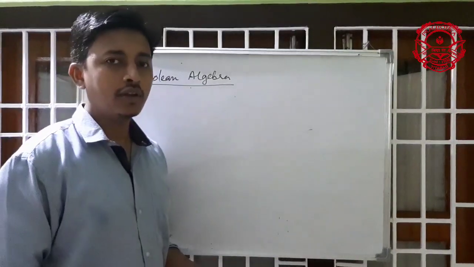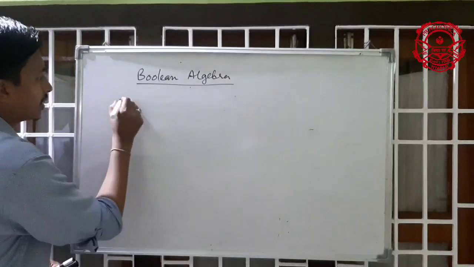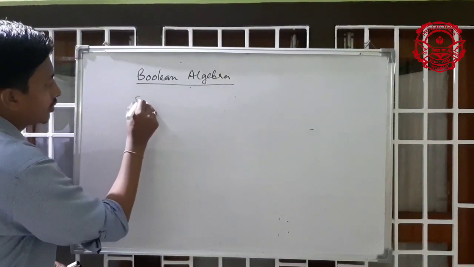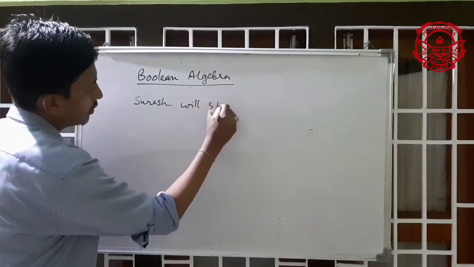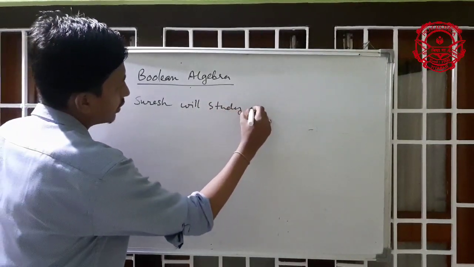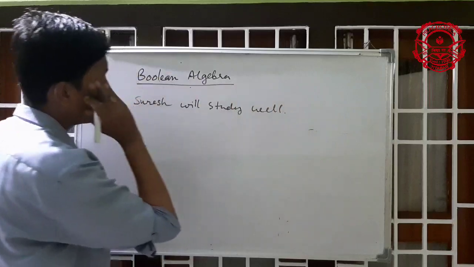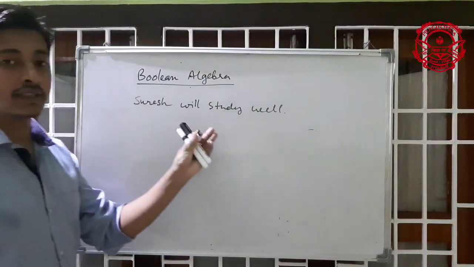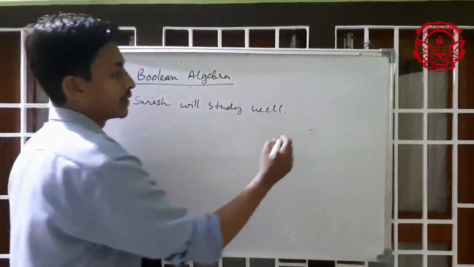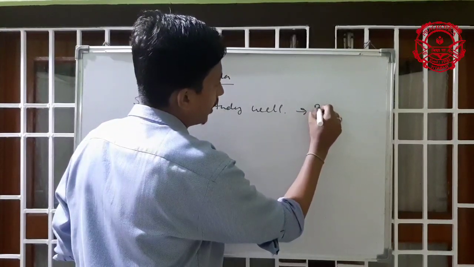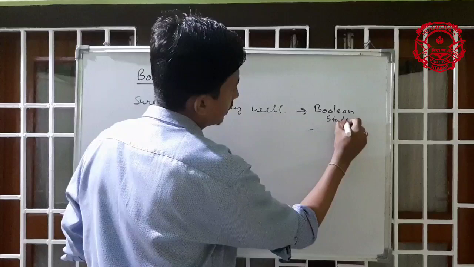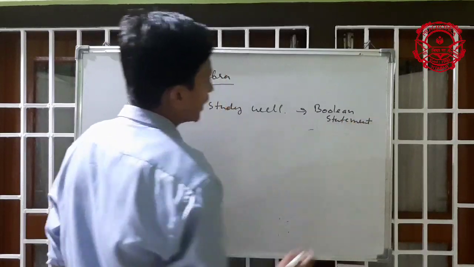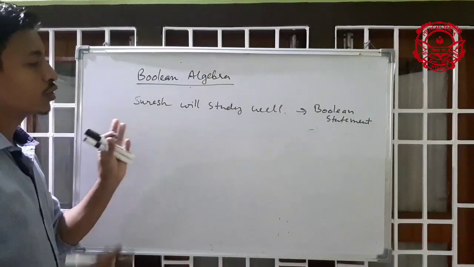Now, for example, number 1: Suresh will study well. This is a statement, a Boolean statement. Here you can see there are two possibilities.